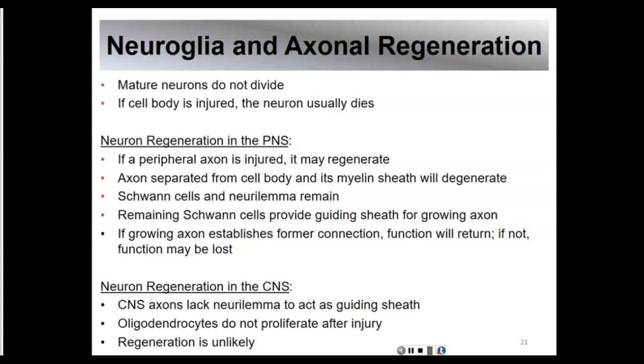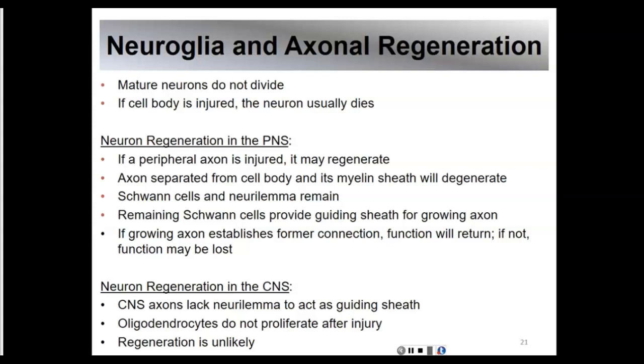So a growing axon can establish a former connection, so it will almost regenerate itself. Function will return, and if not, the function may be lost. So it's not a set deal. Sometimes it grows back and works, and sometimes it doesn't.